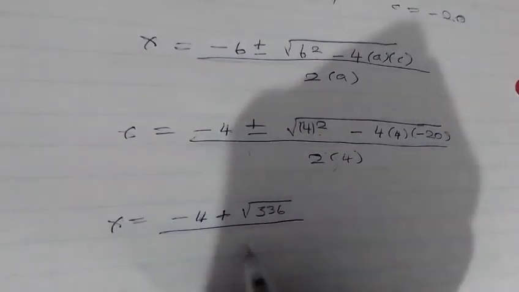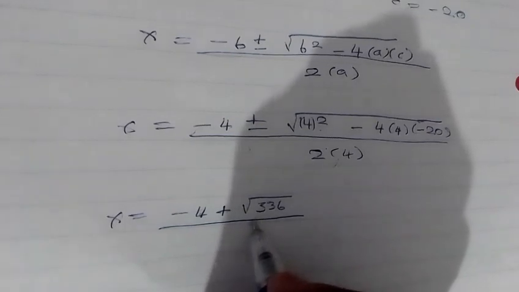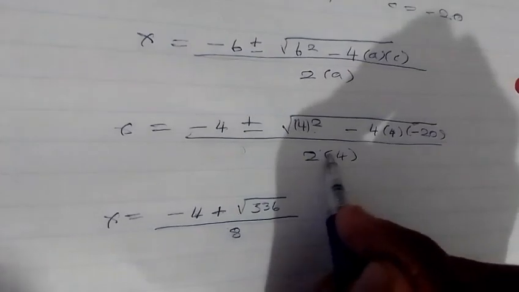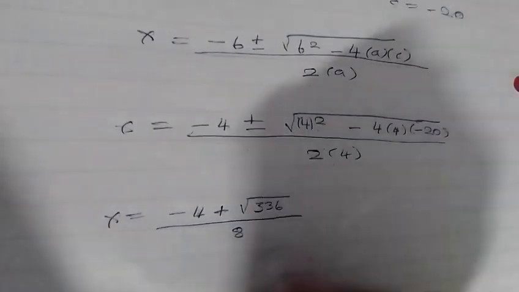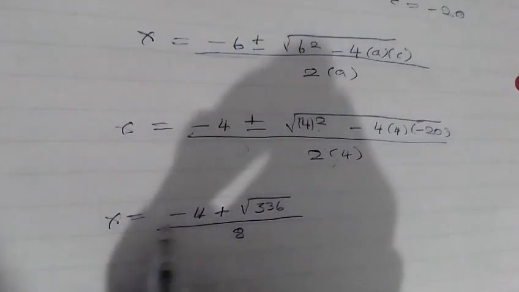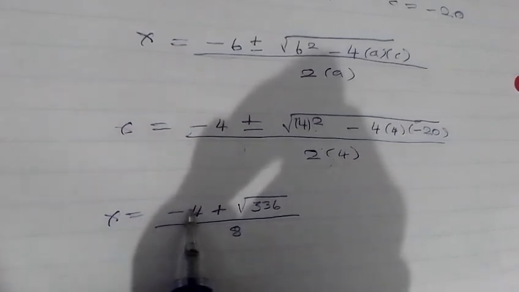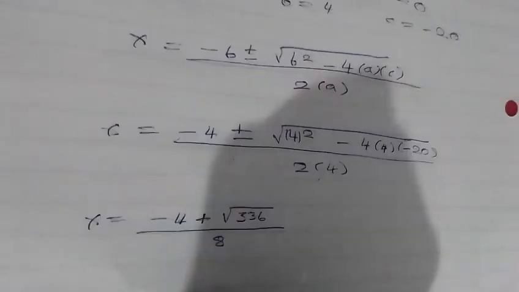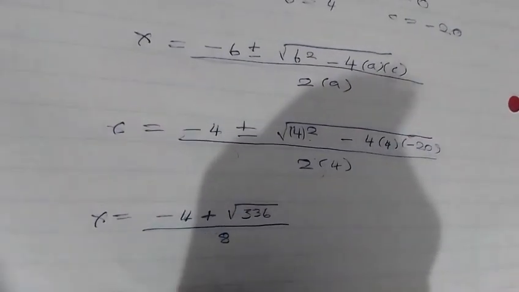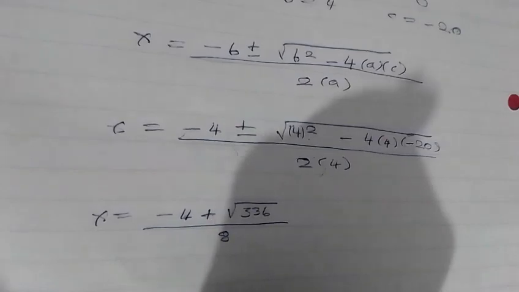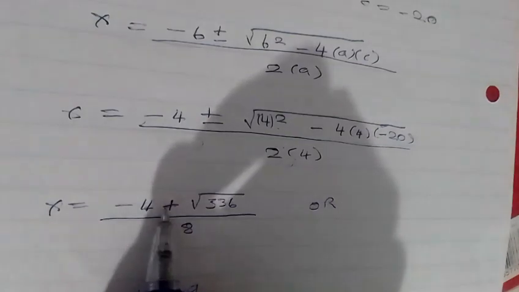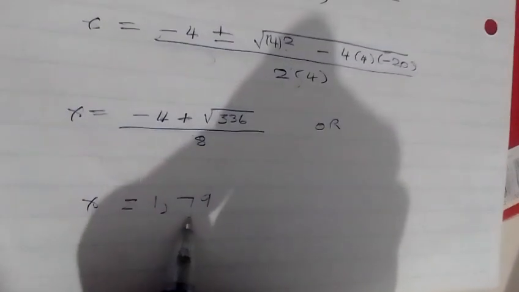So negative 4 plus square root 336 over 8. This value 2 times 4 is 8, so it's 8 here. And then it's negative 4 plus square root of 336, divided by 8, is going to give us an answer of 1.79. Alright, that's for the plus sign. You see, this is our answer, 1.79.